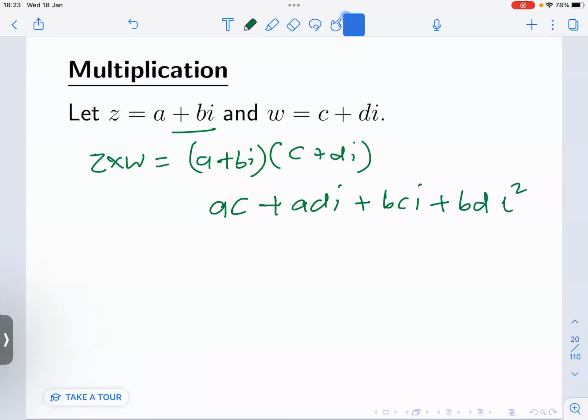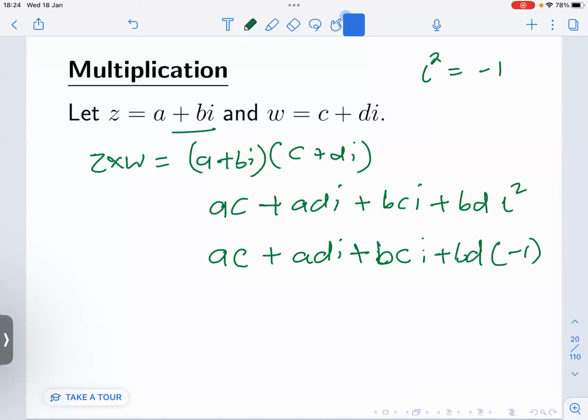And if we recall, we said that i² is given as -1. So if you replace i² with -1, this expression becomes ac + adi + bci + bd, which is then multiplied by -1.